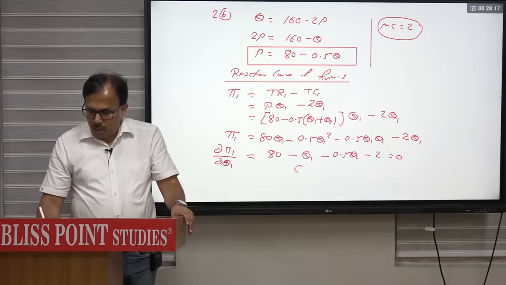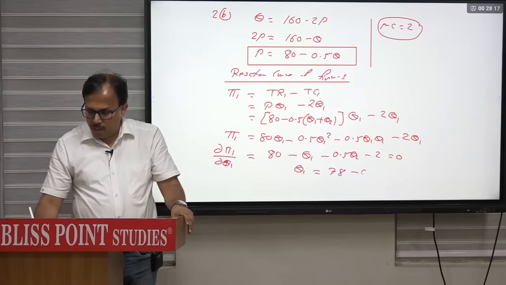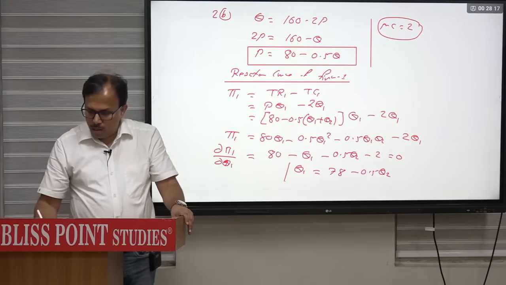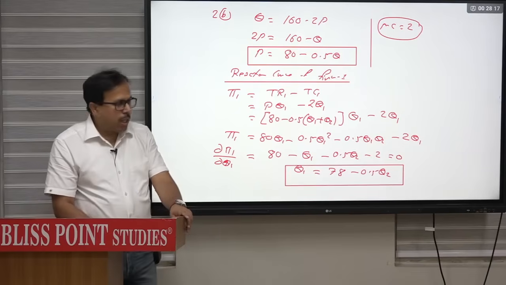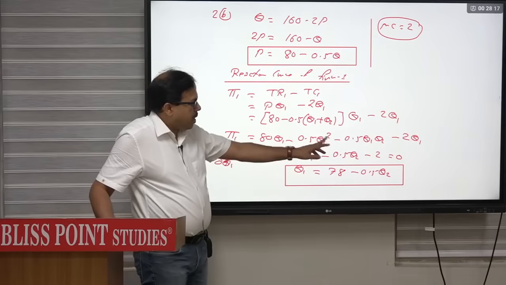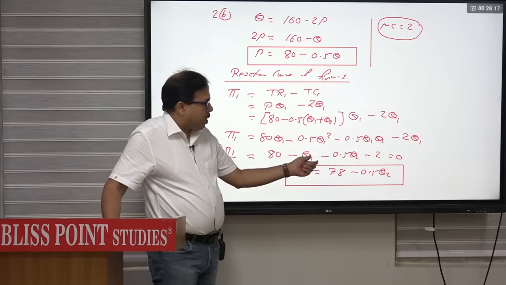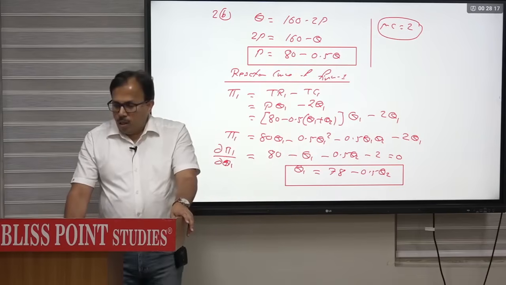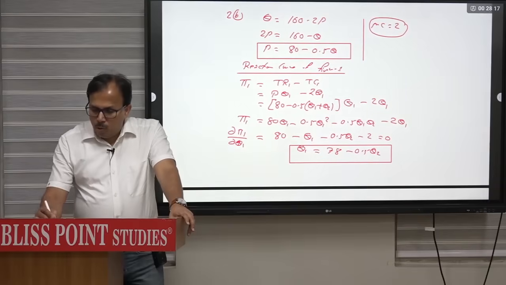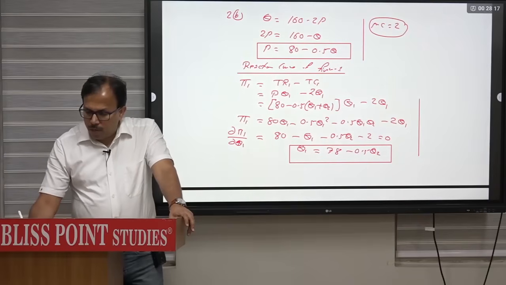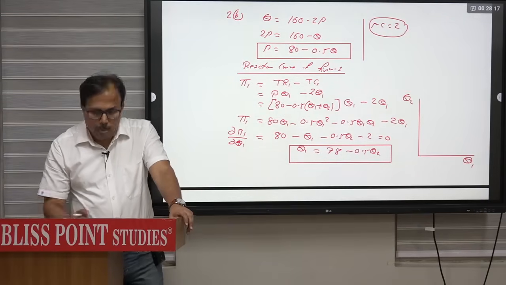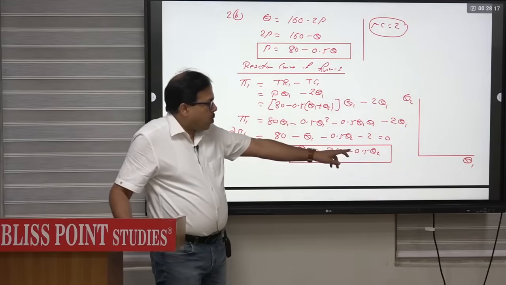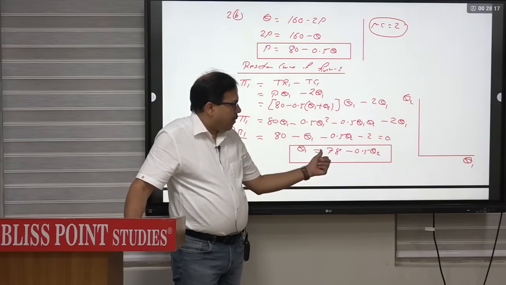So we will write Q1 is equal to 78 minus 0.5 Q2. This is the reaction curve of firm 1. Q1 on the right side, it will be 78 minus 0.5 Q2. Now this equation means that if you plot this equation graphically by writing here Q1 and Q2, if I take Q2 as 0, then Q1 will be 78.